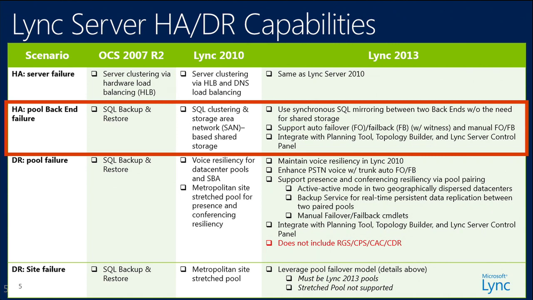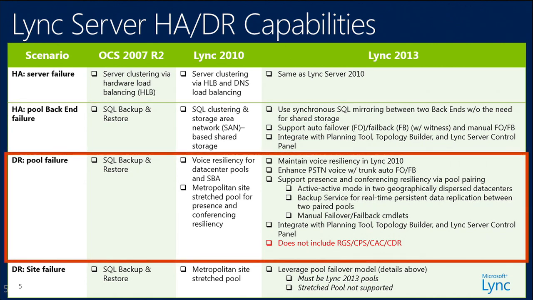Therefore, with a SQL server or a data storage outage on that backend server, the other node can resume, having a full copy of the data, and readily service that Lync pool. If we add the concept of a witness to that environment, we can have automatic failover in that back-end scenario, and that ensures that we don't even need any administrator intervention in the case of one of those back-end node failures.